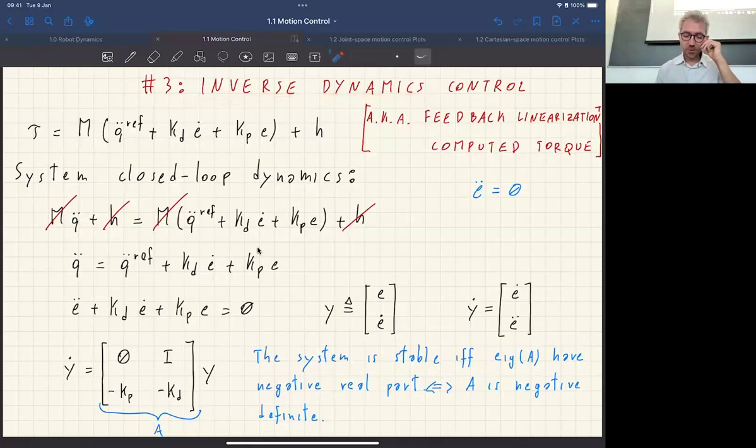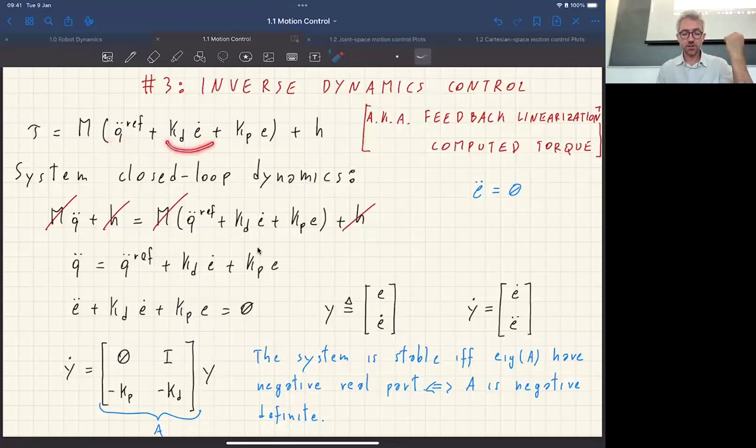Why is it called inverse dynamics control? Because it relies on this expression here, which is the inverse dynamics of the robot. If you remember, I defined inverse dynamics last time. It's the problem where you know the accelerations, the velocities, and the positions, and you want to compute the torques that correspond to those. That's exactly what we are doing here. So in this controller, you're going to use the acceleration of the reference joint motion, q double dot ref.